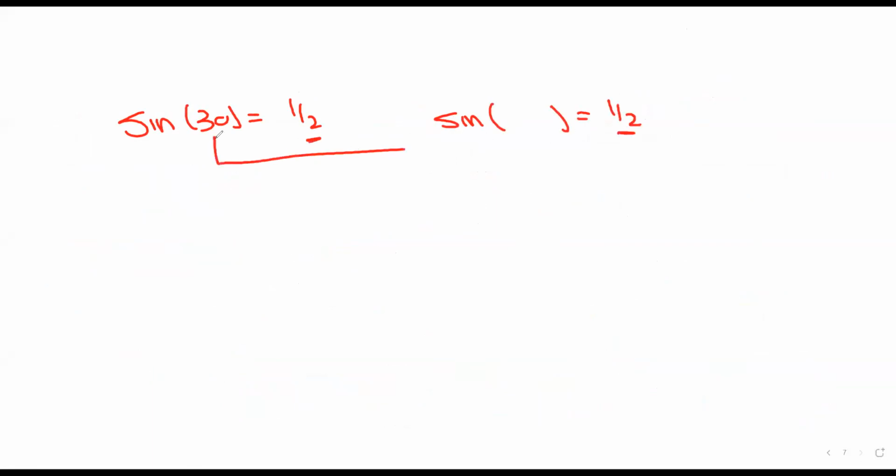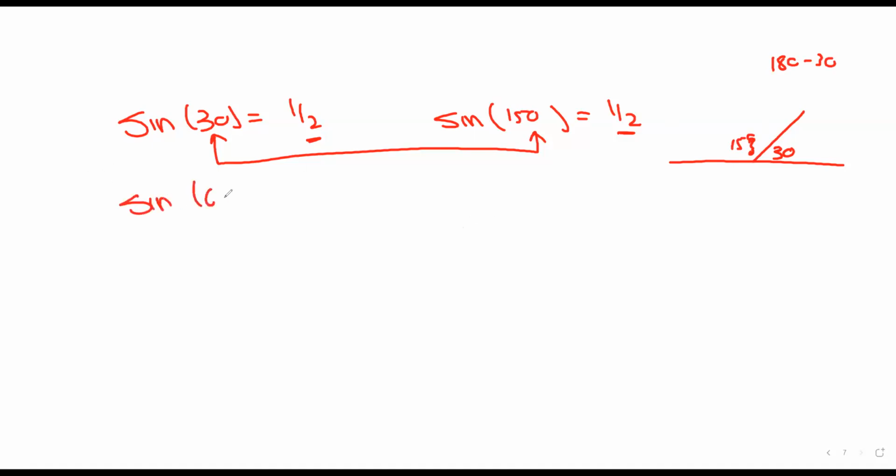Is there another angle whose sine is also half? This is your straight line, and this is angle 30. What is the obtuse angle of angle 30? How do I find this angle over here? 180 minus 30, which is 150. Try sine 150 on your calculator. You'll find that sine 150 has the same answer.